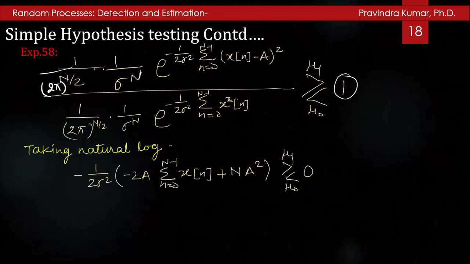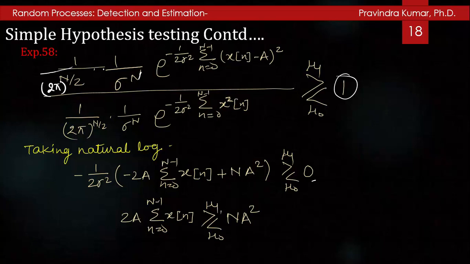And taking the natural log, you will get 1 by 2 sigma square times minus 2A summation n equals 0 to N minus 1 of x[n] plus N A square, greater than or less than 0.